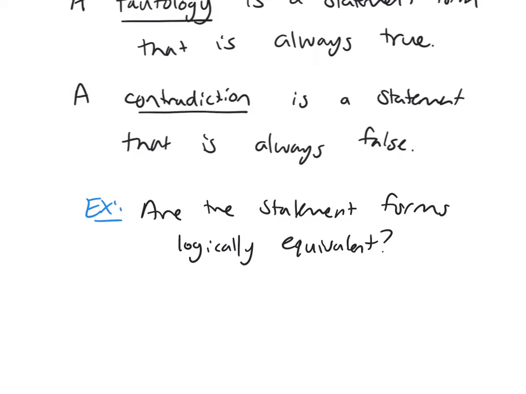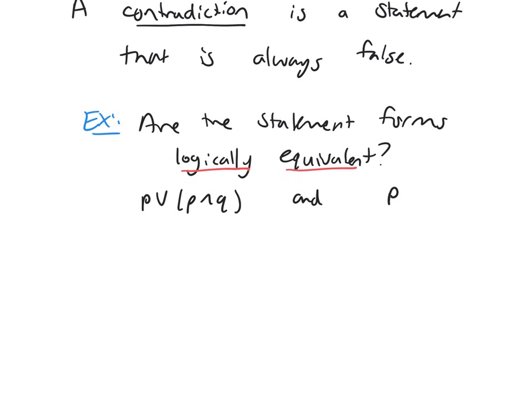The two statement forms are going to be P or (P and Q), and the other statement form will be just P. So remember, if you're asked if they're logically equivalent, the way we determine that is through the truth table. Their columns have to match perfectly.